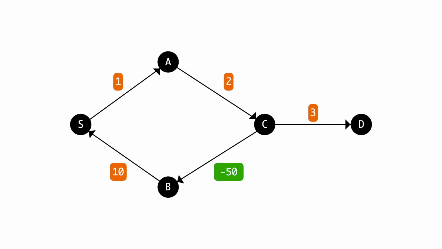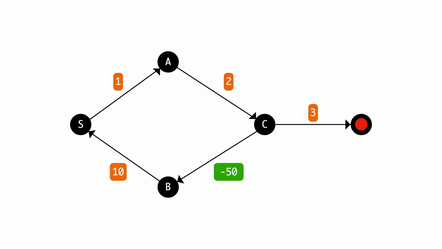Now let's say that we want to find the shortest path from A to D. A perfectly reasonable way of reaching D from A seems to be to go via the vertex A. So let's see what that would look like. You go from S to A, then you go from A to C, and then the final leg of this journey is going to be from C to D. Now this path has a total cost of 1 plus 2 plus 3, which is 6.